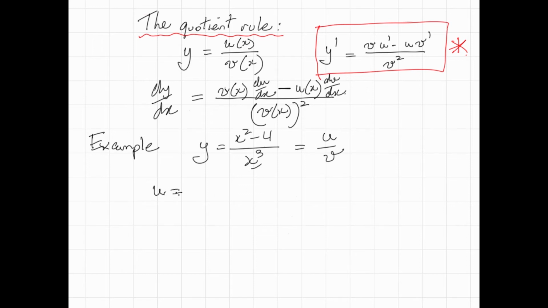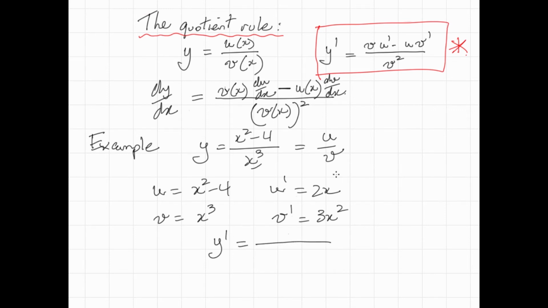So we've got u equals x squared minus 4, so u dash, the derivative of x squared is 2x, derivative of a constant is 0, and we've got v equal to x cubed, so v dash is equal to 3x squared. We then quote the quotient rule, so y dash is equal to, now if it's u over v, we put v squared, we start with a v, u dash minus u v dash.